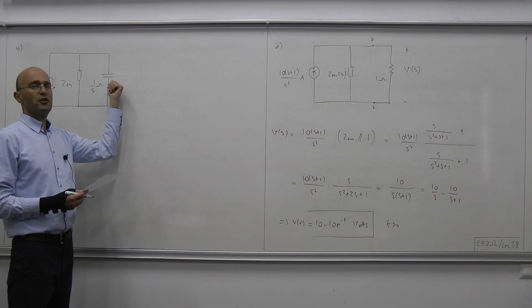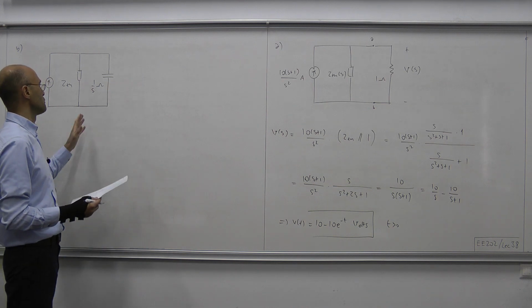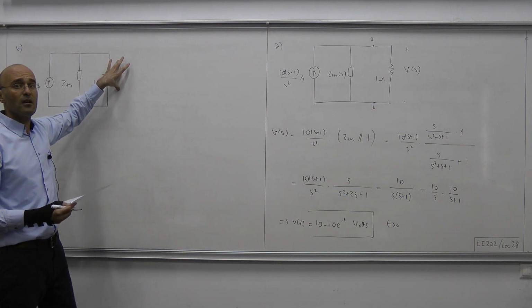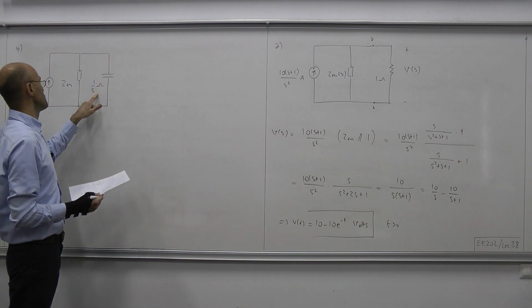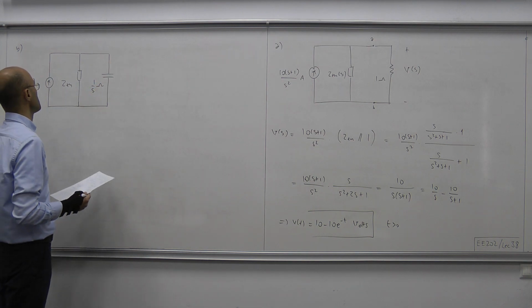Therefore, we don't have to worry about the initial conditions of the dynamic components. They're all zero. Hence, the capacitor is represented solely by its impedance, which is 1/sC, and that equals 1/s.